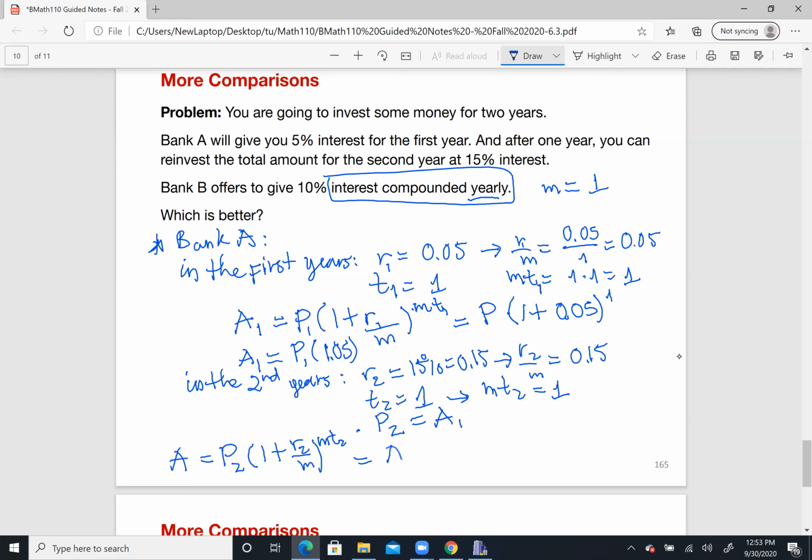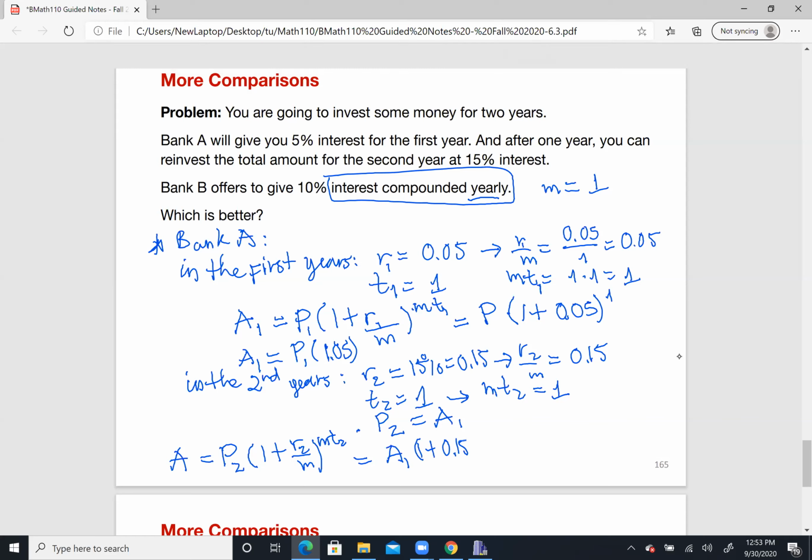So A1 times 1 plus R2 over M is 0.15 to power 1.